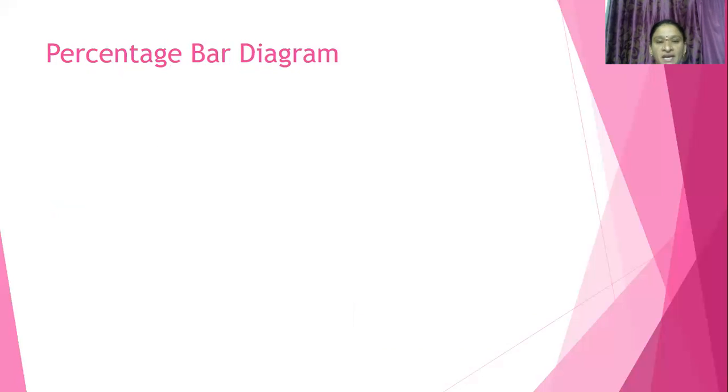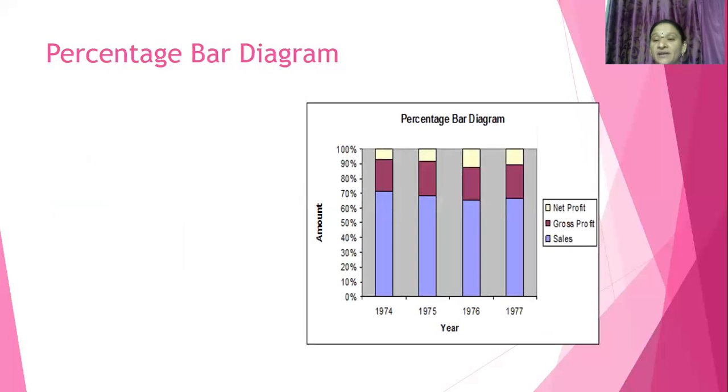The next type of diagram we have is percentage bar diagram. This also we can compare with our subdivided bar diagram. In the subdivided bar diagram, also on the same bar, we have taken more than one variable. Here also we are taking more than one variable on a single bar. But the only difference here is, in case of subdivided bar, we are taking the absolute values, that is the exact values.